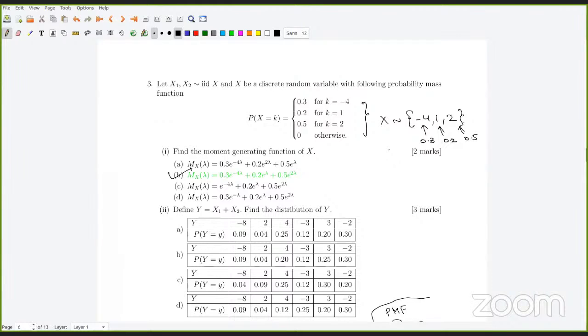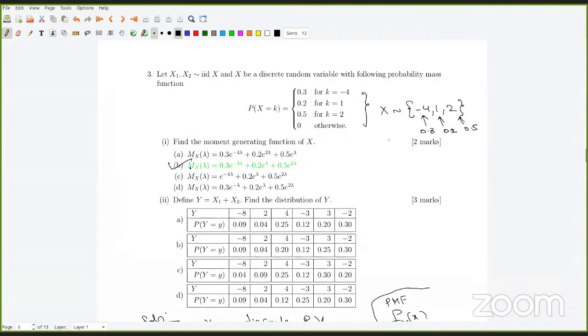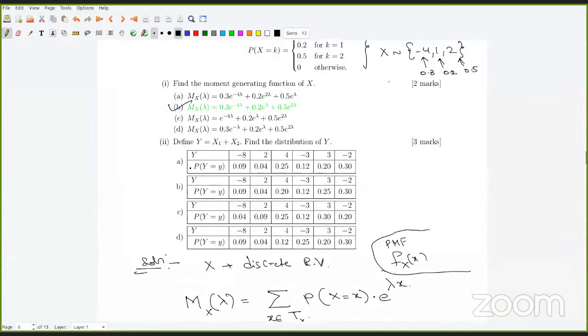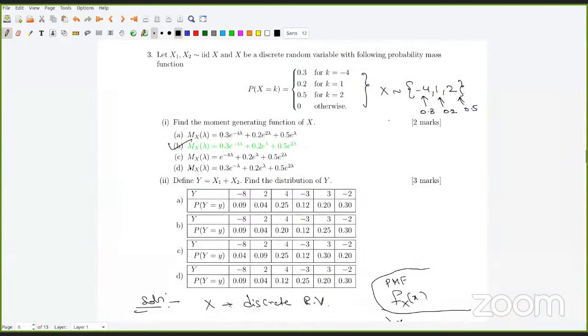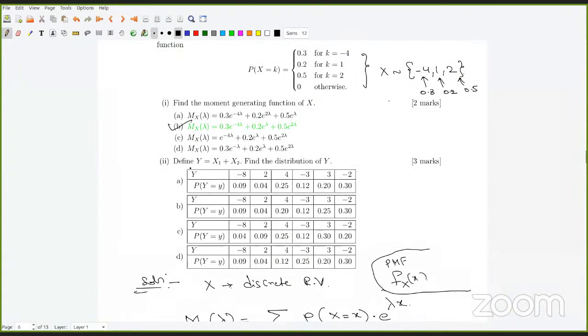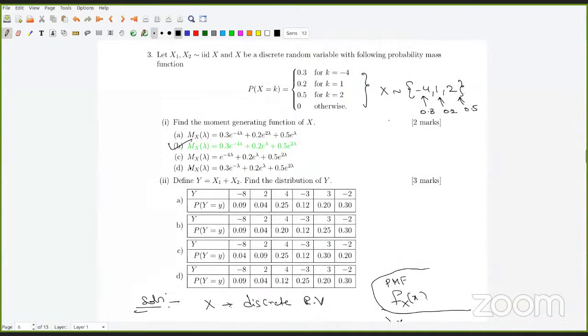So simple. This is how the moment generating function is defined for the discrete case, and the continuous case is different. Be cautious whether the random variable is continuous or discrete, or a combination of both. The last case you don't need to worry much about, but be cautious whether the given random variable is discrete or continuous.